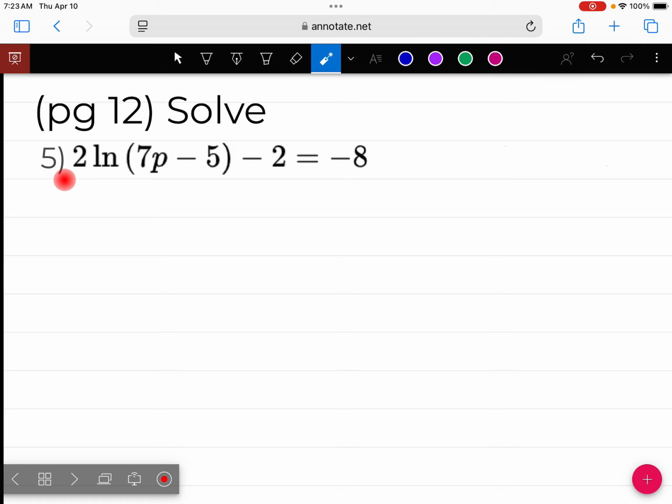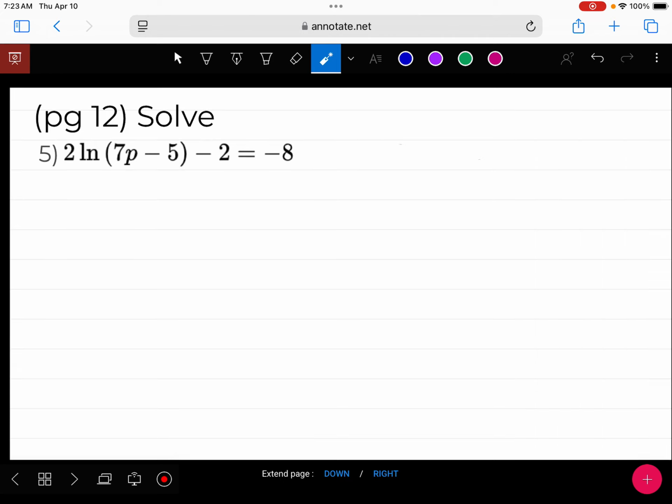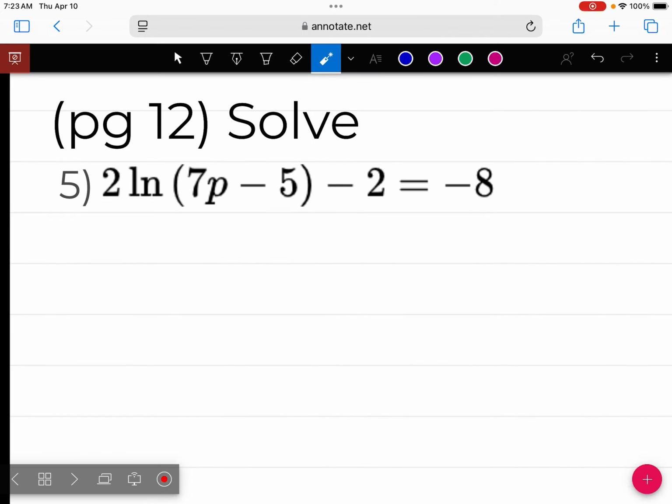All right, so let's look at number 5 on page 12. I know it feels really random choice on that page, but you know what? I liked it kind of best-ish. What can we do here to try and solve this? I want to figure out what p is. That's my variable. What should we start with?